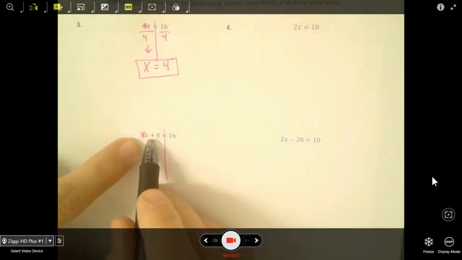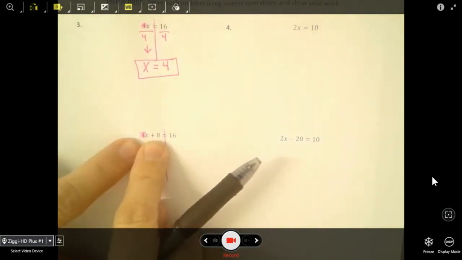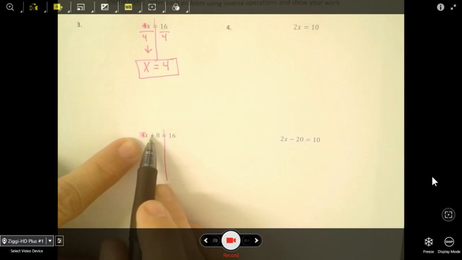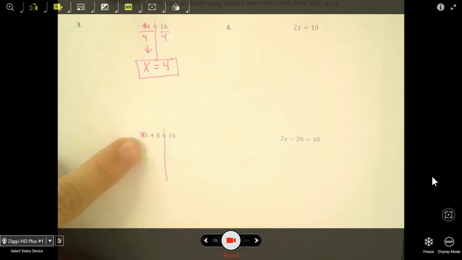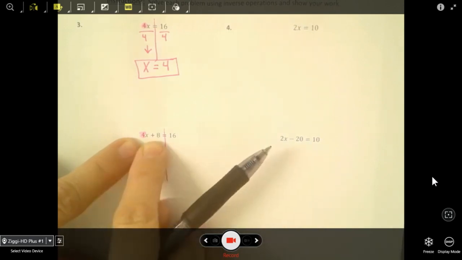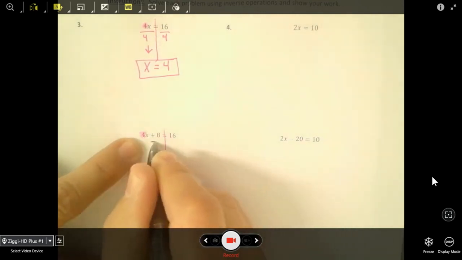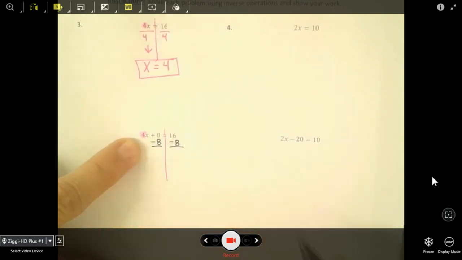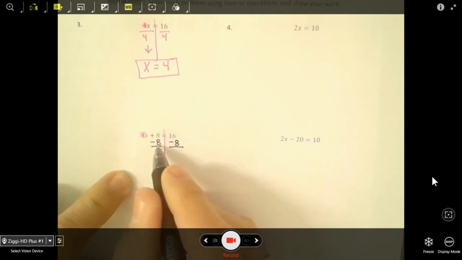And in order to get rid of this 8, since it's positive, I'm going to have to subtract it to move it to the opposite side. Now, the reason I subtract is because right now it says plus. We always do the opposite of what it says. If it were to say minus, then I would add it. But because it says plus, I'm going to subtract it. So subtract it on this side. Now, 8 minus 8 gives me 0.